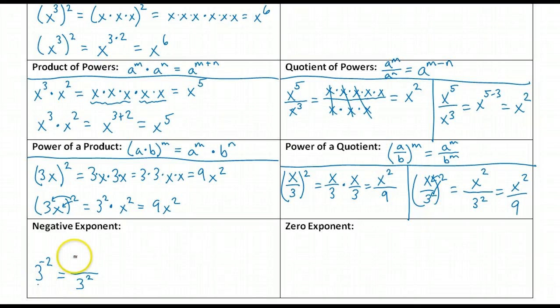And this was over 1, so I'm going to put my 1 in my numerator now. So I've dropped this into my denominator and switched my exponent from negative to positive. So I really have 1 over 9, or 1/9. So 3 to the negative 2 power is not 9, but 1/9.